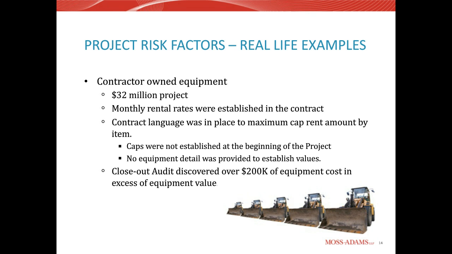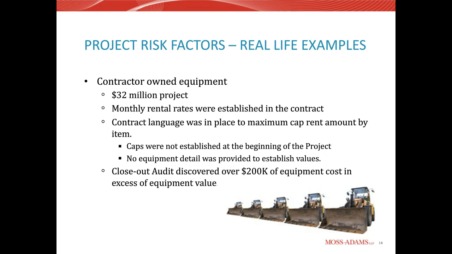On this project, that's exactly what we were looking at. We looked at all the pieces of equipment. The owner in this specific project was charged $200,000 over the value of the combined pieces of equipment. A credit was actually given to the owner for just over, I think it was $202,000 for this specific example.